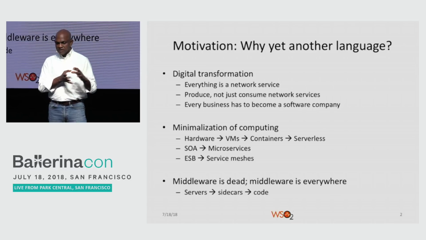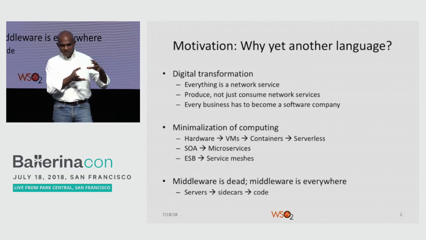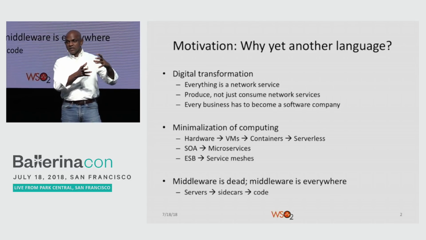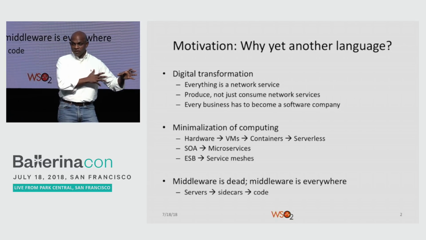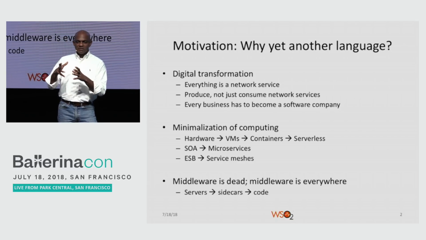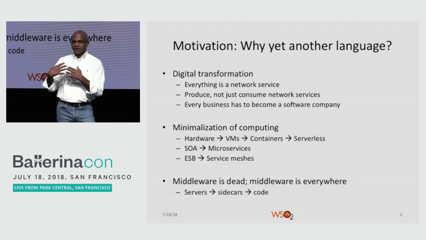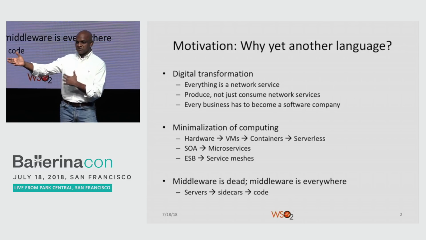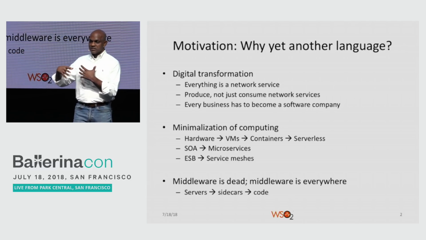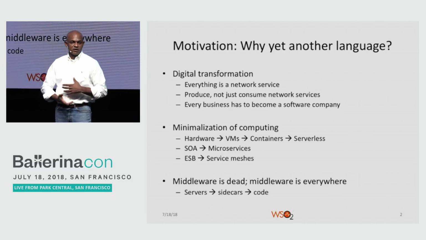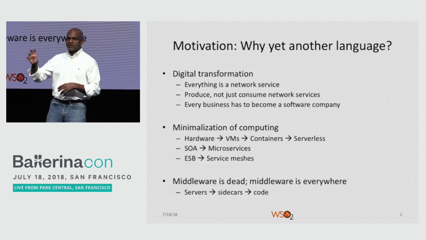So what's happening is this approach of middleware, where there was a server running and they would run your code, is pretty much gone. And in the service mesh kind of approach, it's now going to a model where you have a cousin nearby, which is this concept of a sidecar in a containerized environment. There's a corresponding bit of support code running for you, and it's small, it runs efficiently, and it runs next to you.